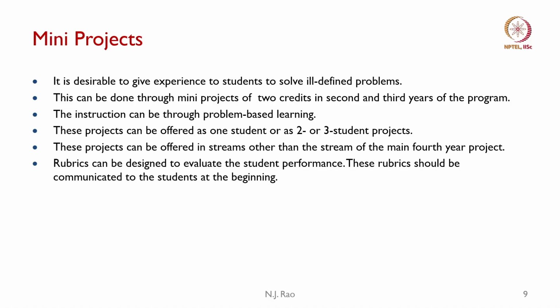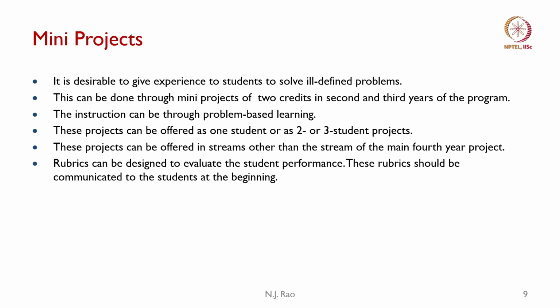Generally what happens, this is my view, every branch of engineering has multiple streams. Like ECE, if you take, it is electronics and communication. If you take EEE, electronics and electrical. And if you take mechanical, they will have design, manufacture and thermal engineering.